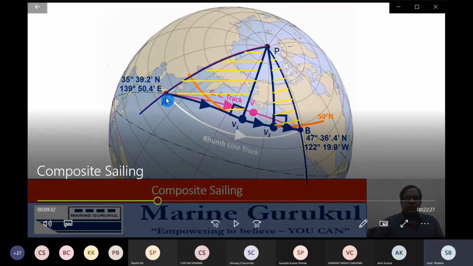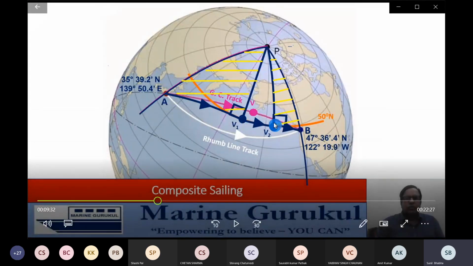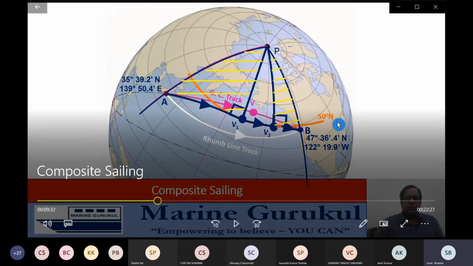You see, we started off from position A, moved on a GC track up to Victor 1. So this was GC sailing. From Victor 1, we moved on a parallel track, moving along the parallel of latitude of 50 degrees north, which is our limiting latitude.